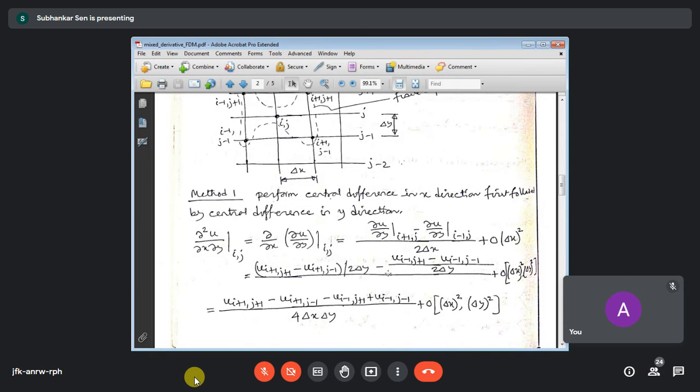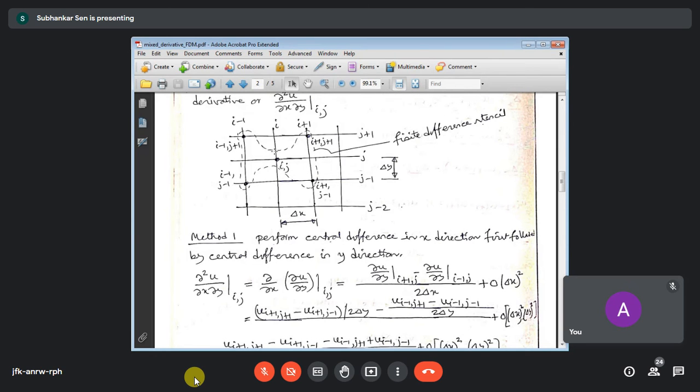Now, these terms are with respect to y, so we have to simplify them also by using the central difference formula. So when you are simplifying the y derivative, then your i is constant. You are dealing along this line, okay? In this case, your i will be constant. So you are propagating from bottom to top or maybe from top to bottom.